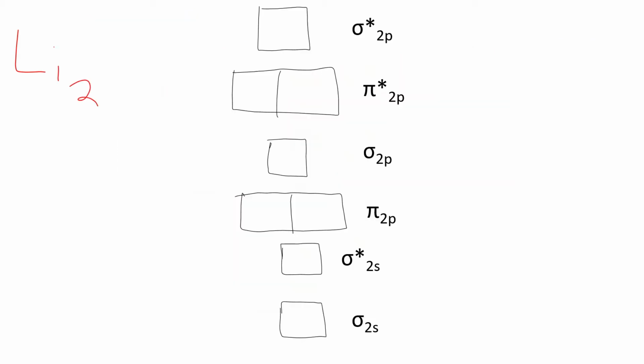So the first molecule we're going to look at is Li2. And for drawing molecular orbitals for the second period diatomic molecules, the first thing you want to do is teach yourself how to draw this sequence and this labeling of the molecular orbital diagrams.